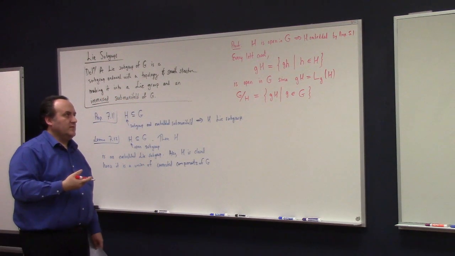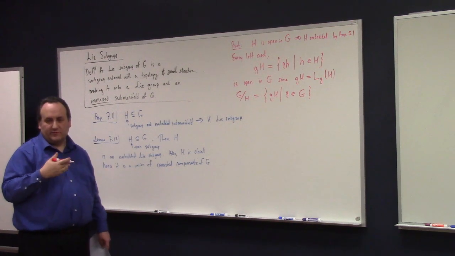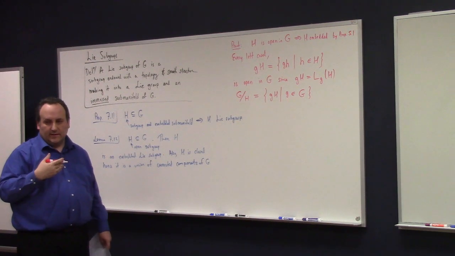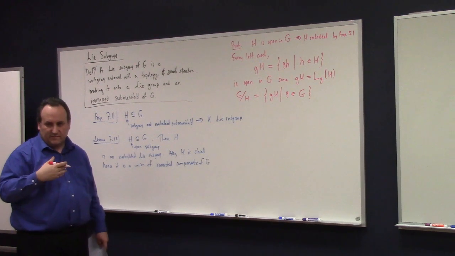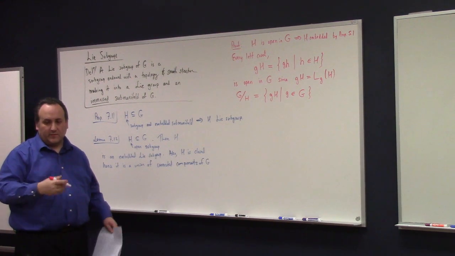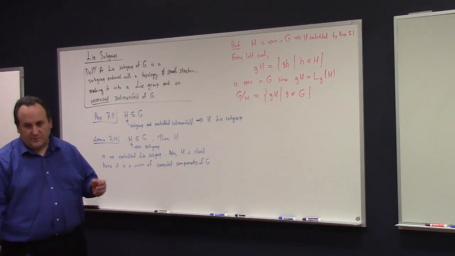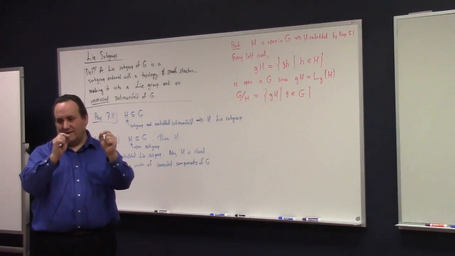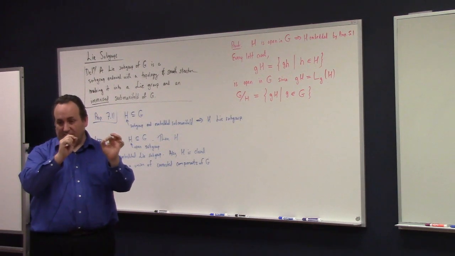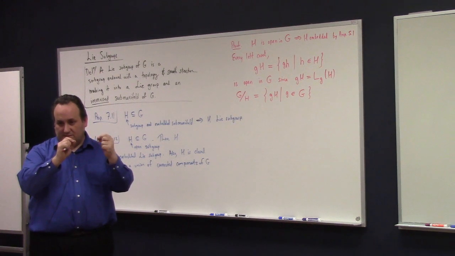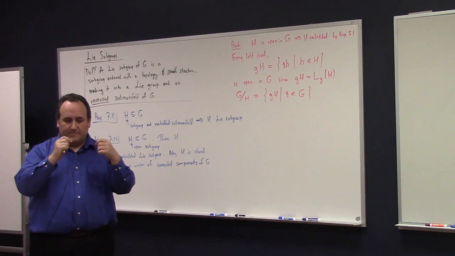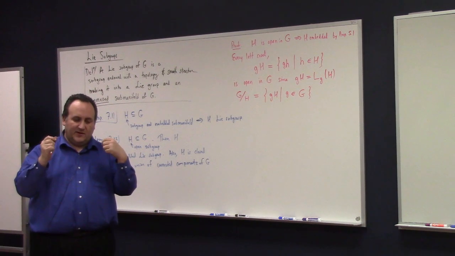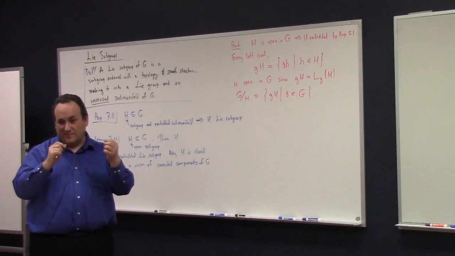So when you study this in 421, you'll prove that membership in the coset forms an equivalence relation. Two elements in the group are equivalent if and only if they are members of the same coset. Every element is equivalent to itself, that's reflexive.